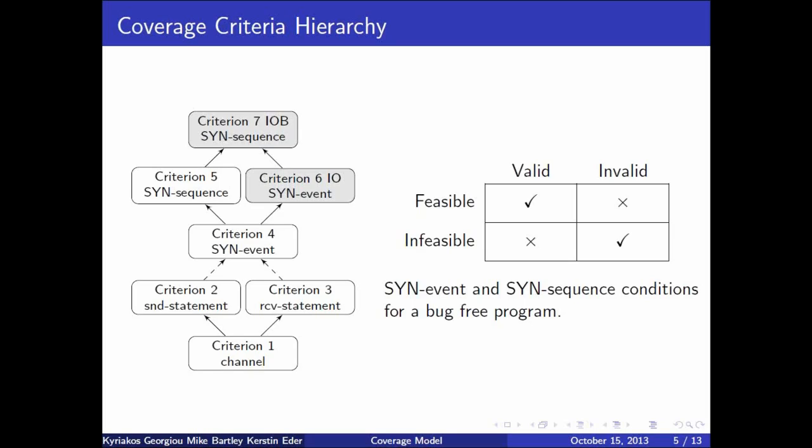The condition for a bug-free program with sync events and sync sequences is that all valid sync events and sync sequences are feasible, and all invalid sync events and sync sequences are infeasible in our code. So we are testing for feasible sync events and sync sequences.